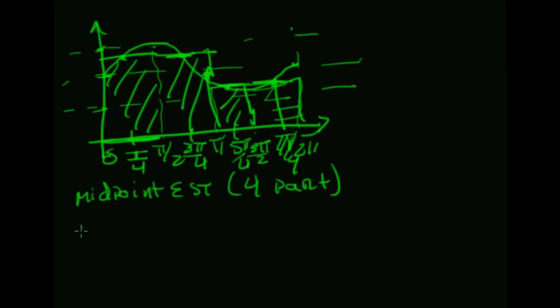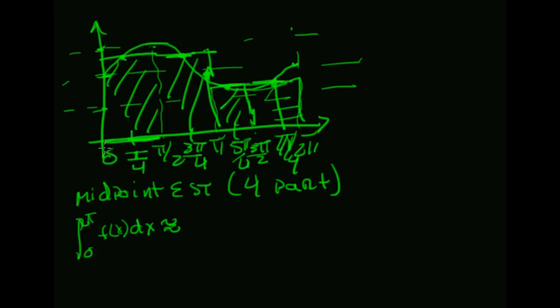So let's see what's happening here. I'm taking the integral from 0 to 2 pi of f of x dx. All right, this first rectangle is the same as sine of pi over 4 plus 2. Well, the sine of pi over 4 is just root 2 over 2.